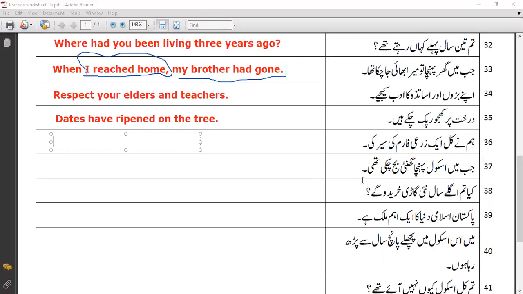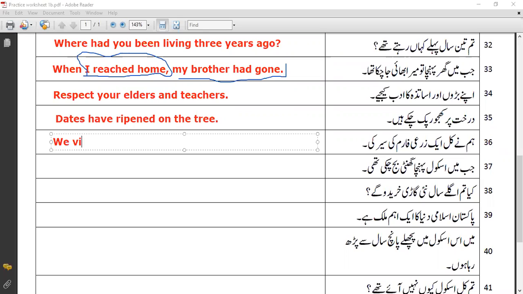Okay. हमने कल एक ज़रूरी फार्म की सैर की. Simple past, okay? Simple past. So in simple past, what would you say? हमने, we, you can say we visited an agricultural farm for picnic, or we went to an agricultural farm for picnic, because for sair ki, actually, the word is basically picnic.